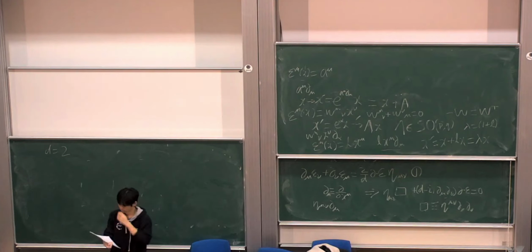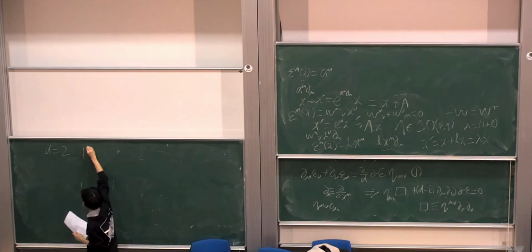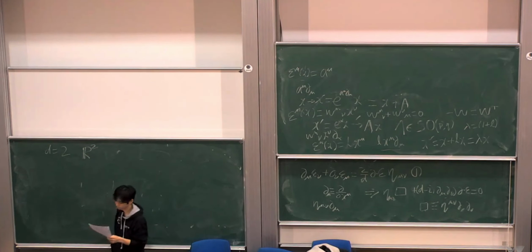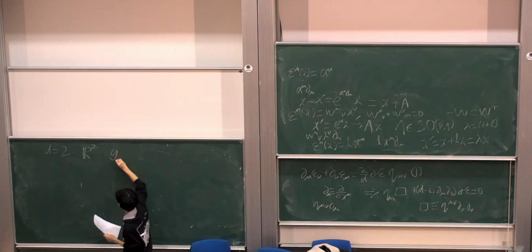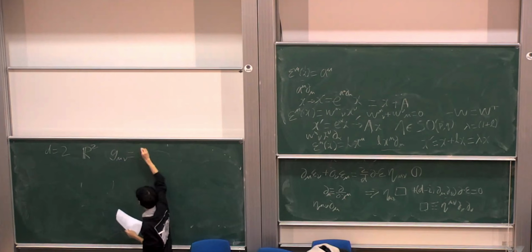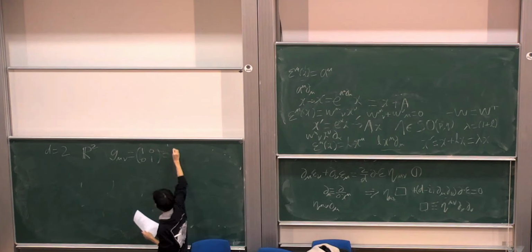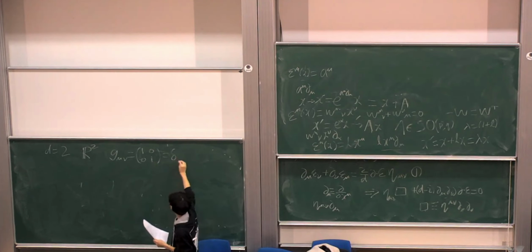Because in this space, R2, the metric is just Kronecker delta, which is the 2x2 identity matrix.